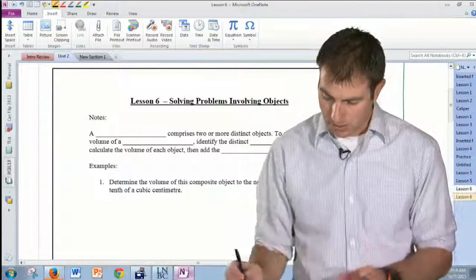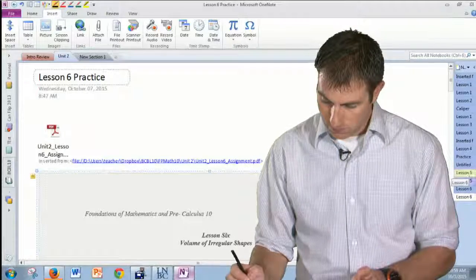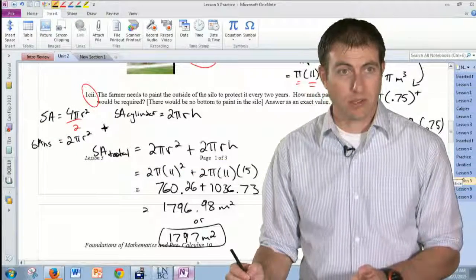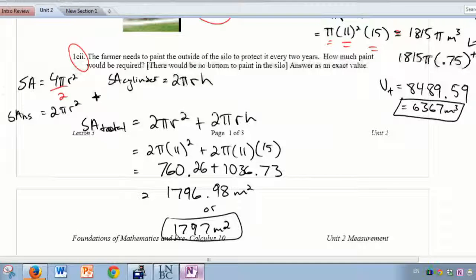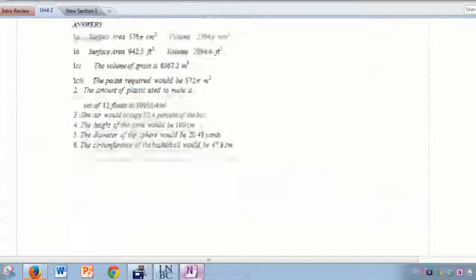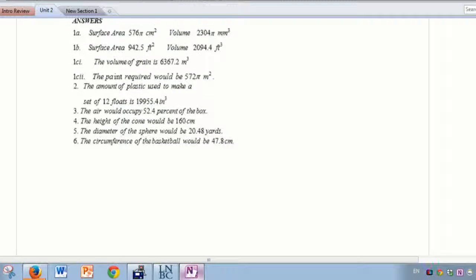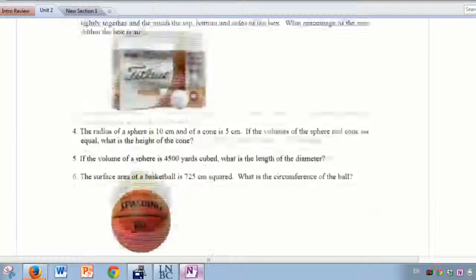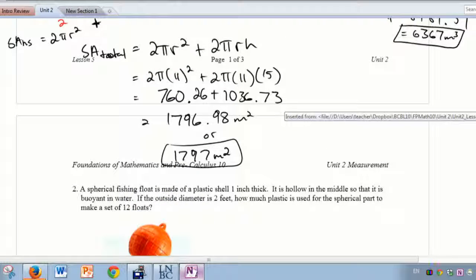What was the answer from the last one? 5 practice. I got 1,797 meters squared. Taylor, you're trying to tell me I did it wrong again? 572 times pi. Let's see what that is.